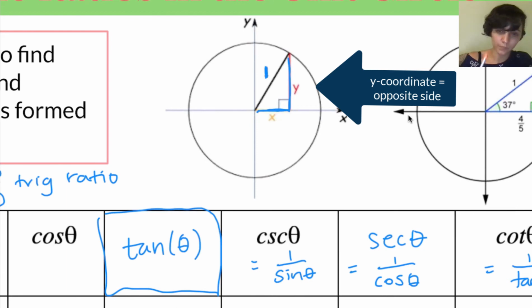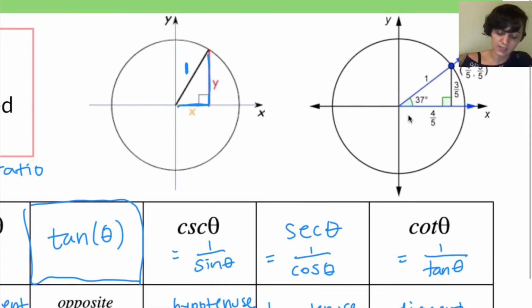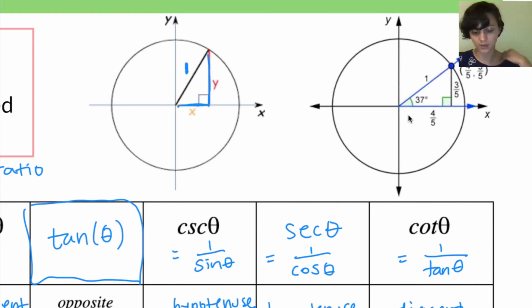And so this kind of translates into our coordinates. So this just is a random angle, 37 degrees. So apparently a 37-degree angle has an adjacent side of 4/5 and an opposite side of 3/5. And so those side lengths become the xy coordinates. Okay? And the xy coordinates and the side lengths, same thing.